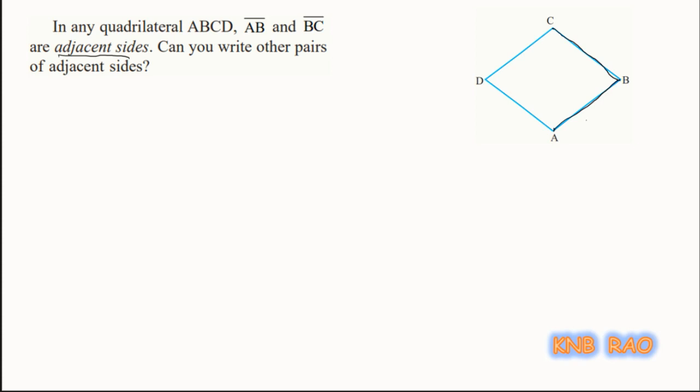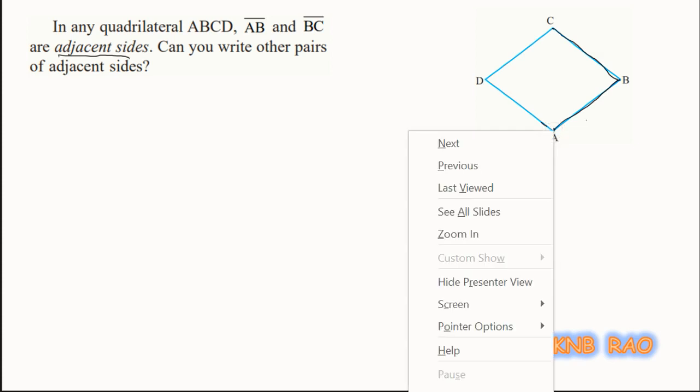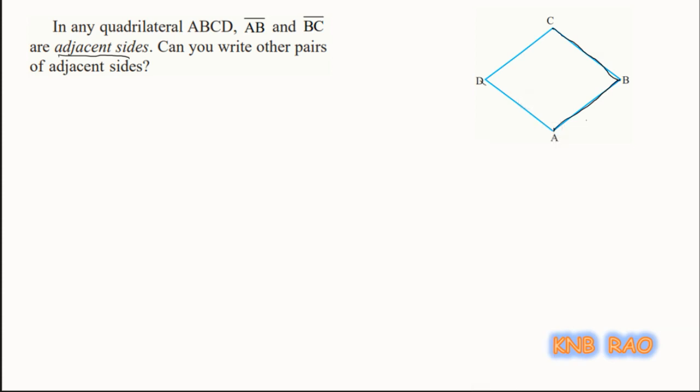Similarly, do I have another side adjacent to AB? Yes, here is side DA, which is adjacent to AB. The other pair of adjacent sides formed with AB is AB and AD. So how many pairs of adjacent sides can I identify? One, I found as AB and BC.